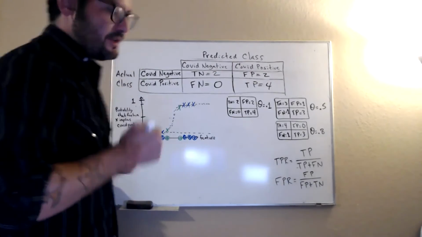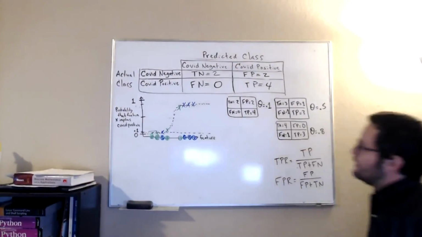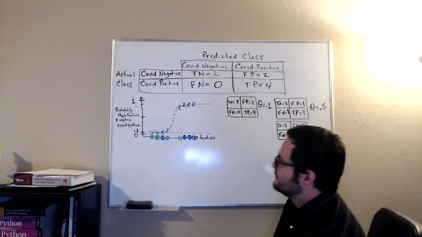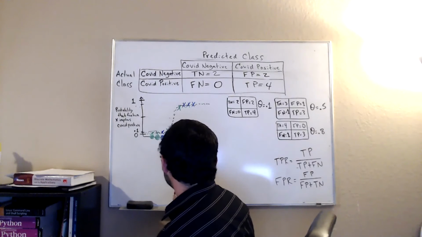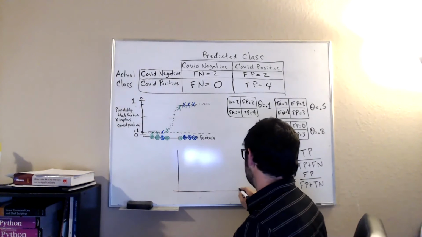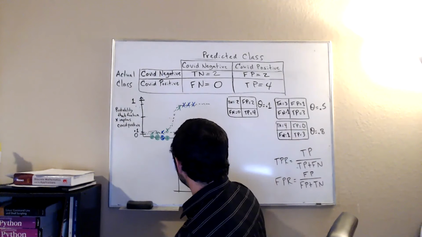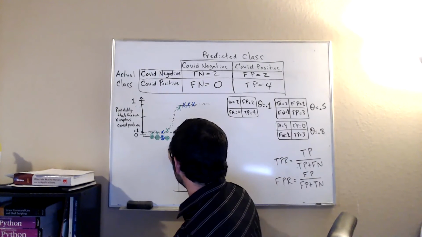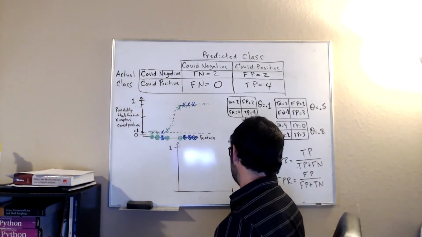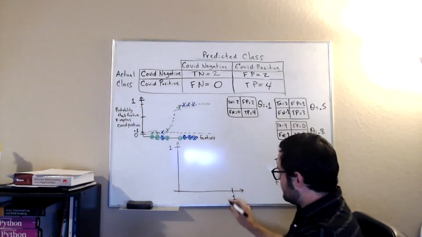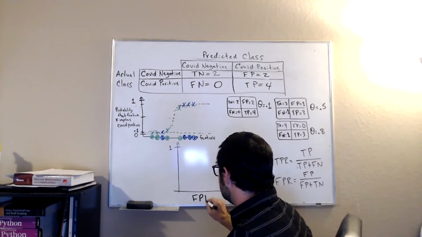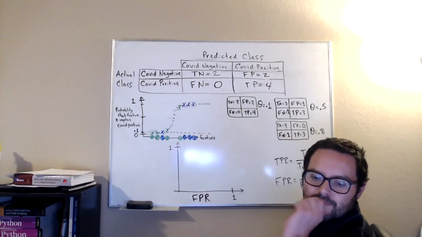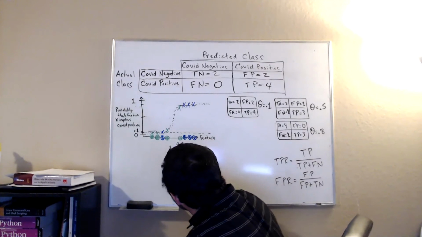Okay, so now we can start to build a ROC curve. And the way that we're going to do this is as follows. Here we're going to have our false positive rate versus a true positive rate.